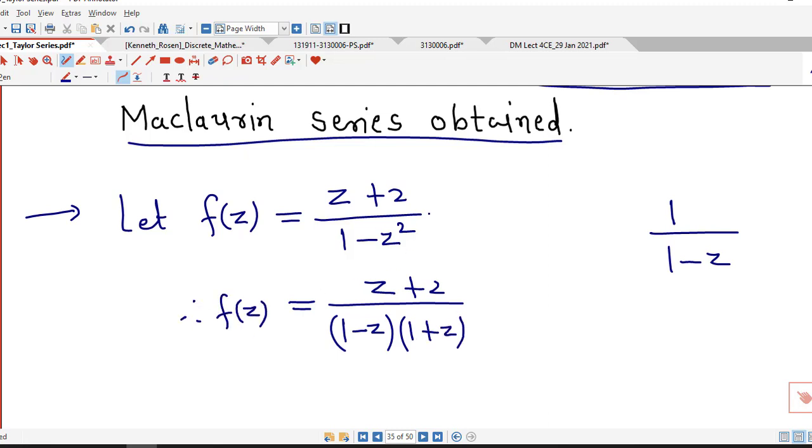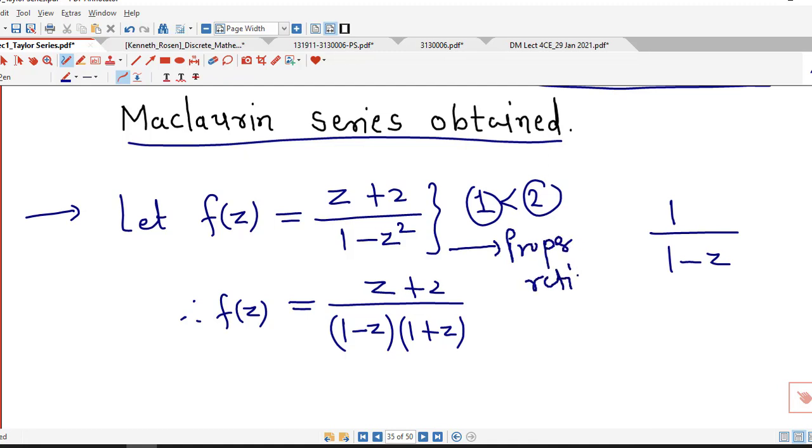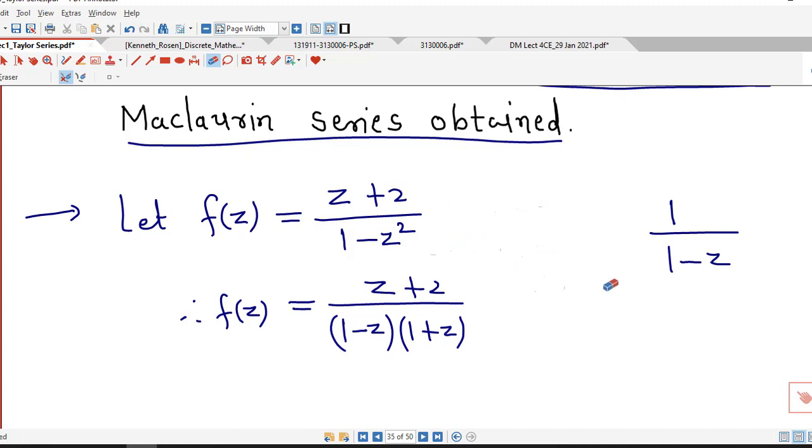So if you observe, this is a rational function in which the degree of the numerator is 1, which is less than the degree of the denominator. So this is a proper rational function, and as we know, a proper rational function can always be written as a sum of partial fractions.